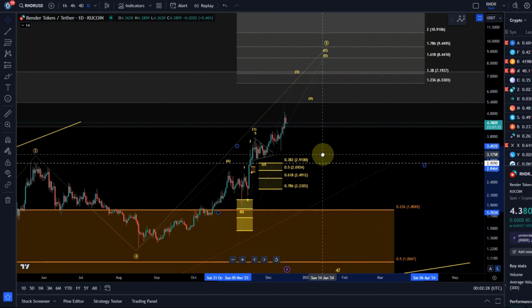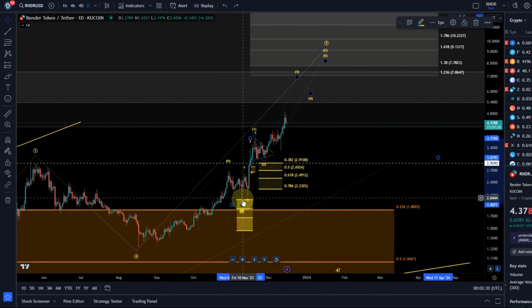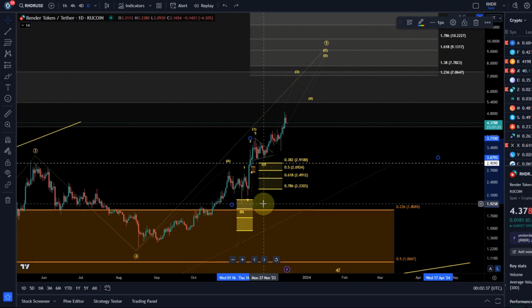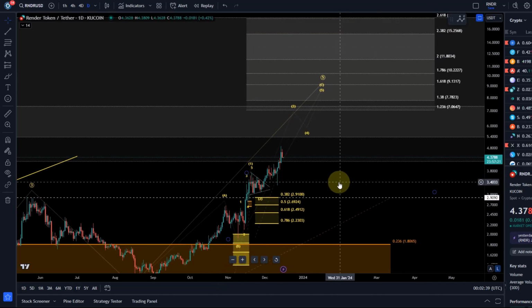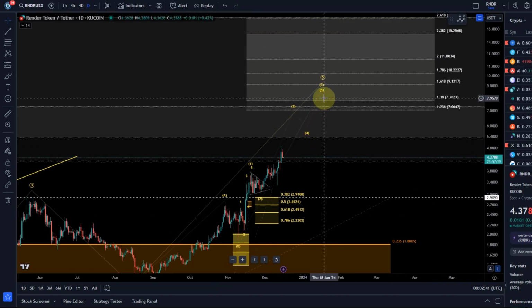Anyway, we give our best here, and if we assume that an A-B setup formed, and the low was in on the 8th or the 9th of November, down here at around $1.92 and $1.93, then we would assume that the C wave to the upside has started. And the C wave to the upside is obviously a 5-wave move.